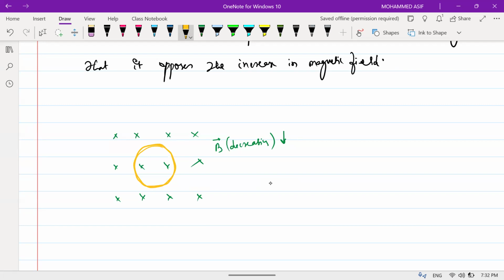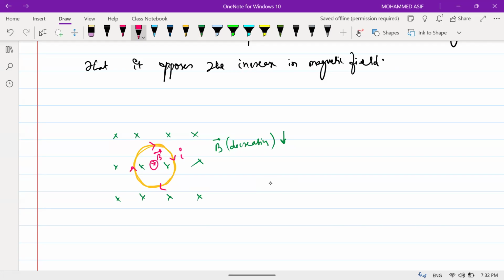If it is increasing, it will not allow it to increase. If it is decreasing, it will not allow it to decrease. In which direction should the current flow? Clockwise. Because if the current is clockwise, it is producing the magnetic field on its own into the paper. So it is supporting it not to decrease. Am I clear?